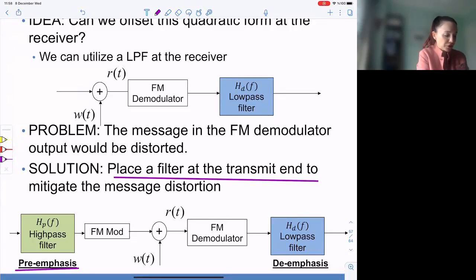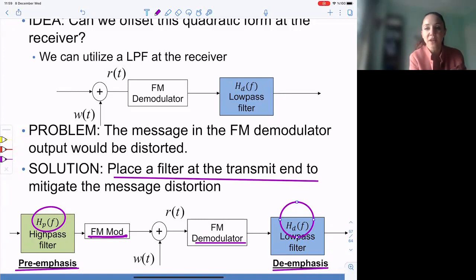So we high pass filter the message with an appropriate filtering operation, FM modulated, and at the demodulator, the demodulation process is followed by a de-emphasis filter, which takes care of the effect of the high pass filter, such that ideally when you multiply HP and HD, you get unity, you get identity. So the message is not affected at all, but the noise is affected.